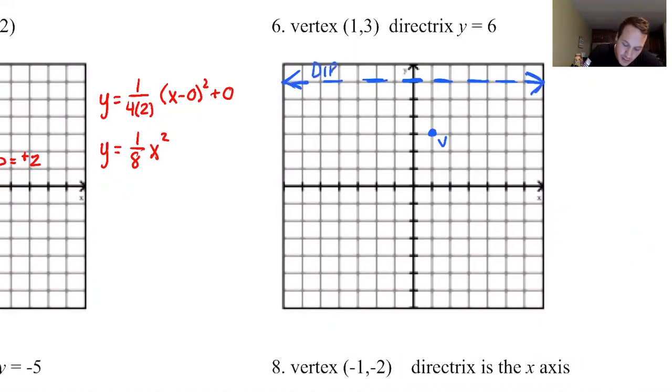I don't love having the directrix, because I like thinking of the focus to find my p-value. I like knowing where the focus is in regards to the vertex. So if I can find my focus, I can tell whether p is positive or negative. Well, if the directrix is above, and this is 3 units, that means 3 units away has to be the focus. Now that I know the focus is below, I know that my p-value is going to be negative 3.